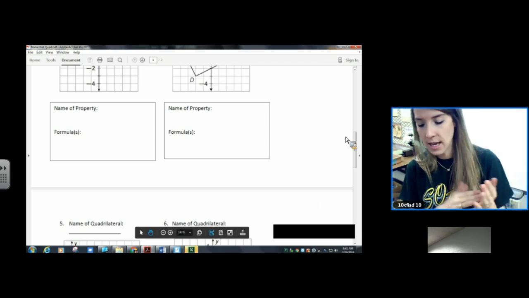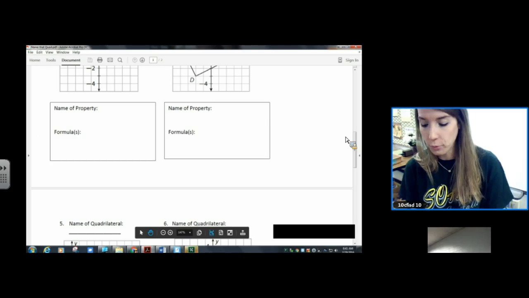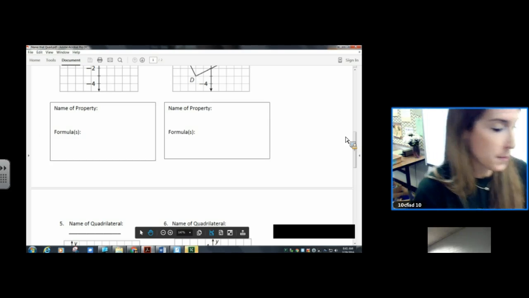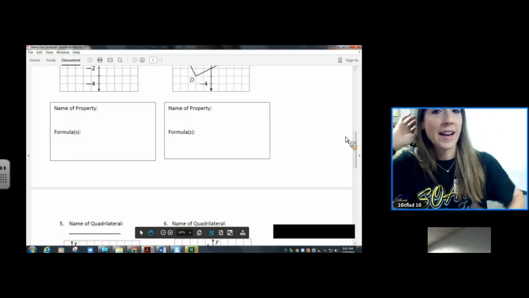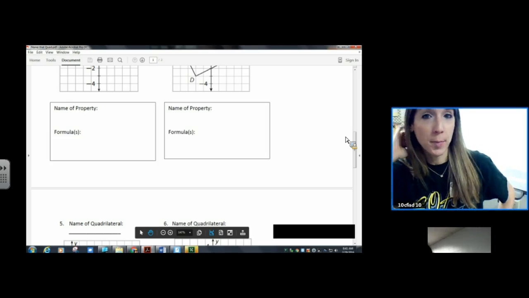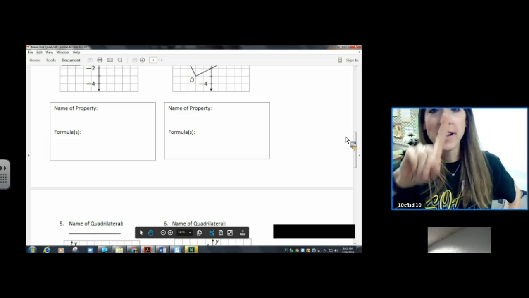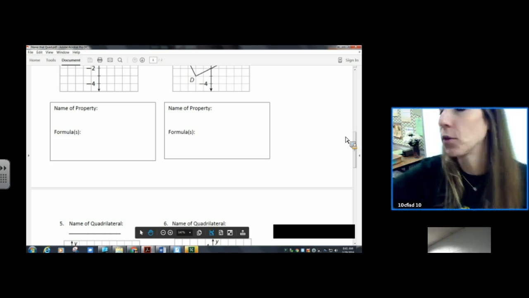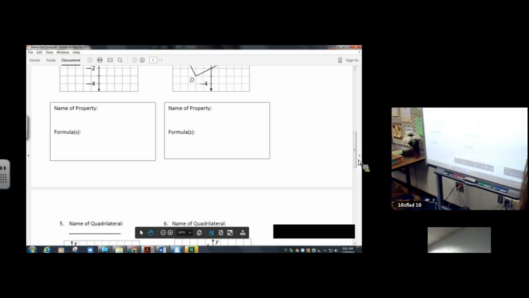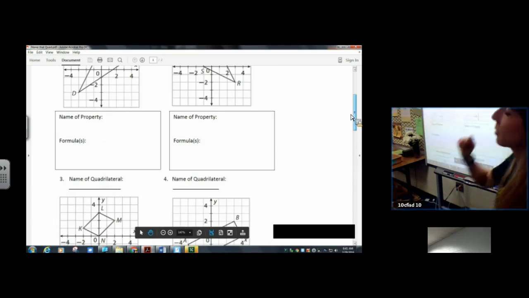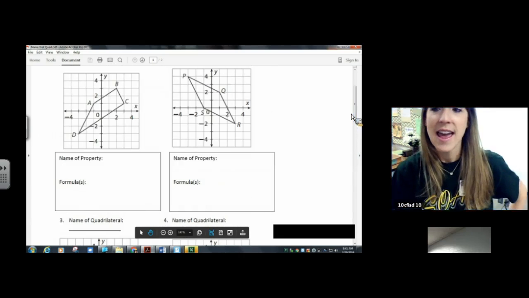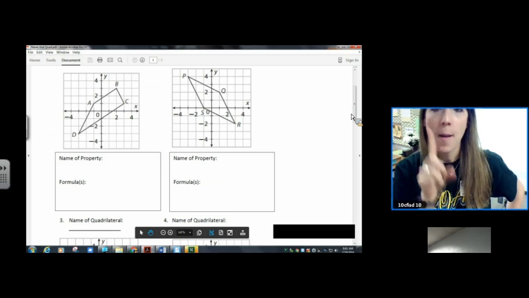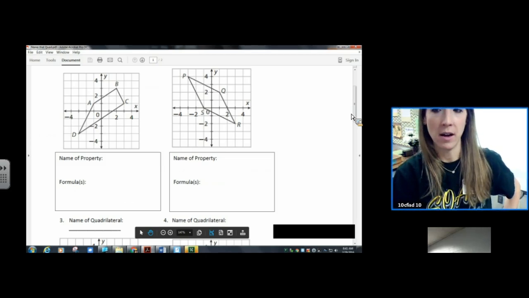So Aaliyah was asking about, will we get a list of things that prove something's a trapezoid or prove something's a kite? We didn't include that in our unit. So for our purposes, the property number 1 is always the definition of the shape. So like to prove it's a trapezoid, you only have to prove property number 1. What's property number 1? It has exactly 1 pair of opposite sides parallel.